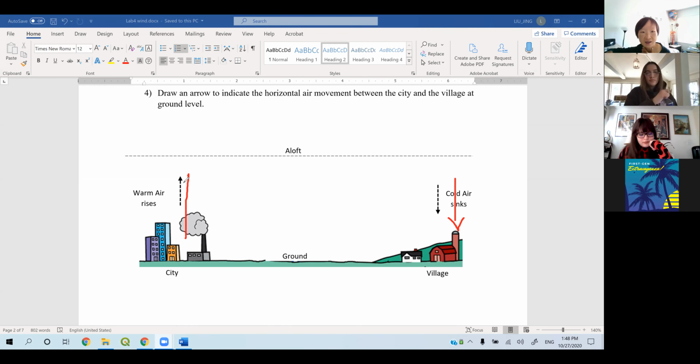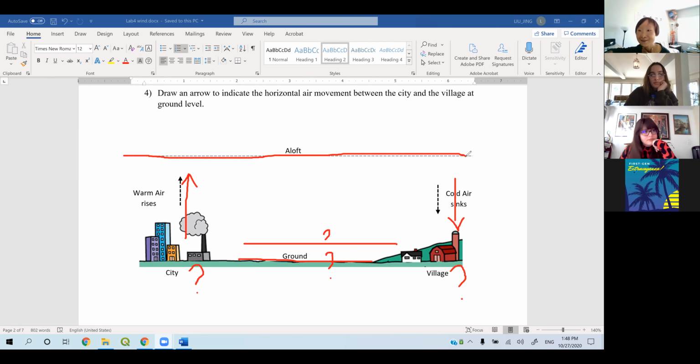So if you have air rising over here but descending here, on the ground do you have high pressure or low pressure? Then determine whether the wind is going this way or that way. You need to figure that out. And for the upper level, think about the tropopause aloft.